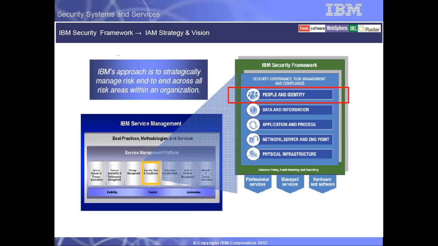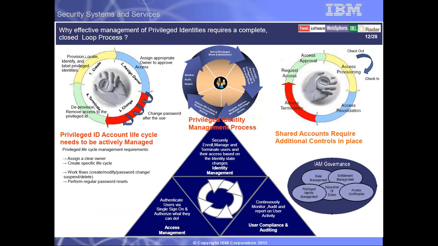IBM has a security framework which addresses five areas: people and identity, data and information, application and process, network, server and endpoint, and physical infrastructure. IBM Privileged Identity Manager falls under people and identity. We'll get into it. So that's about the framework.